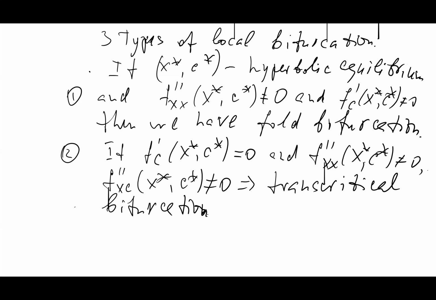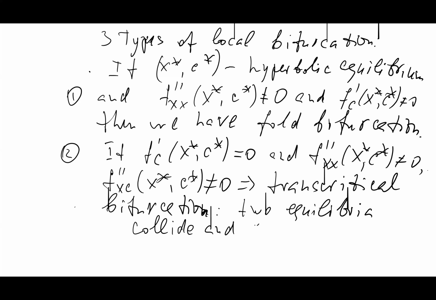So here what we have is two equilibria collide at this bifurcation point and swap stability. So this is the signature of transcritical bifurcation.